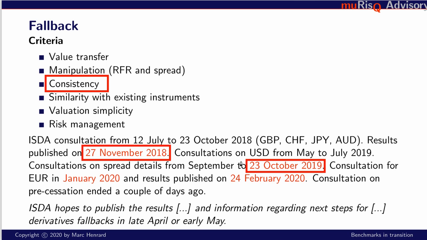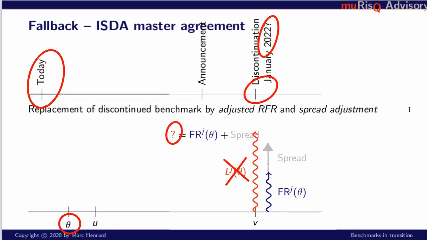Finally, there is a consultation on pre-cessation that ended a couple of days ago, and we don't have the answer yet. First, I need to describe what pre-cessation means. So we have this usual timeline.